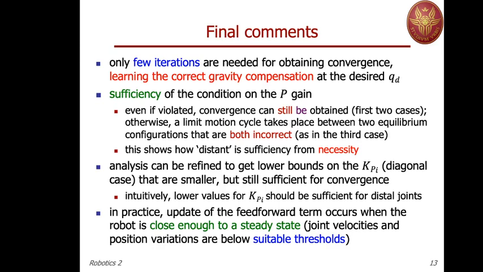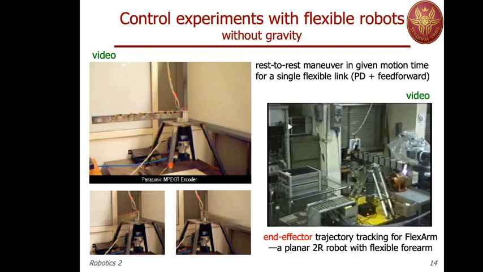So we can consider that as a practical steady state reached and update our feed-forward term in the iterative scheme. So this is really the difference between the theoretical results and its practical implementation.